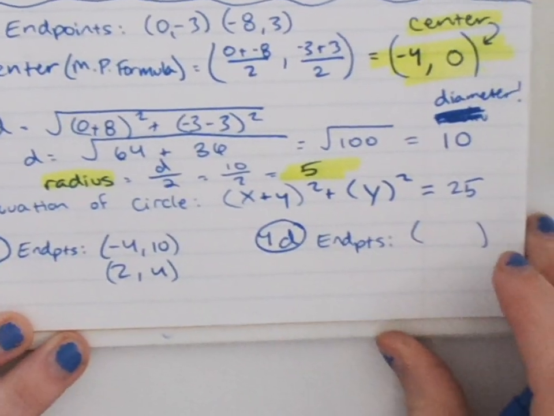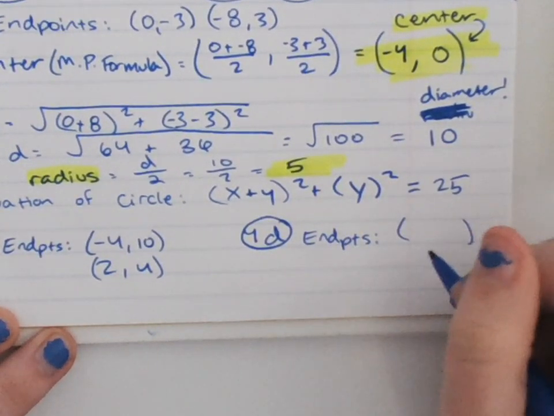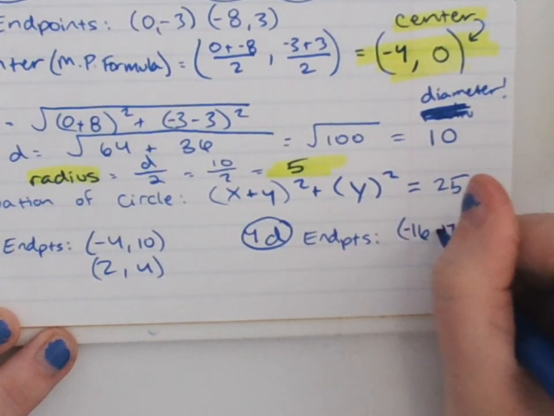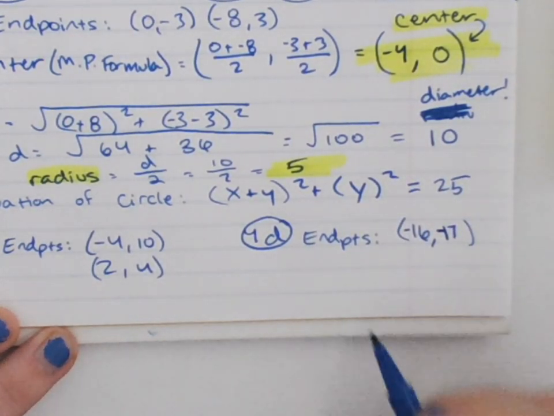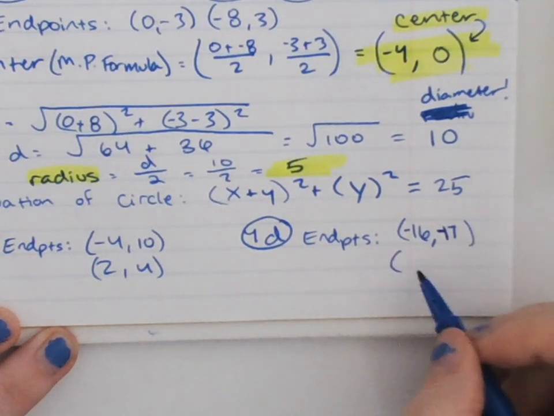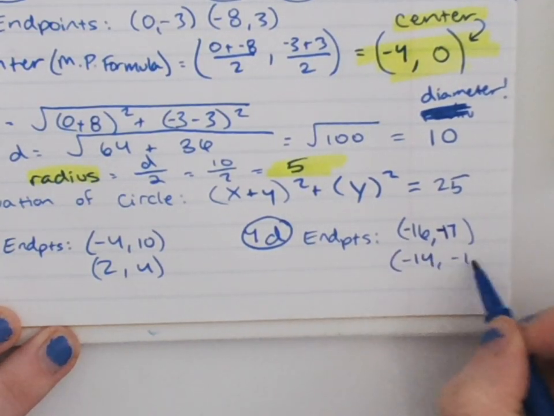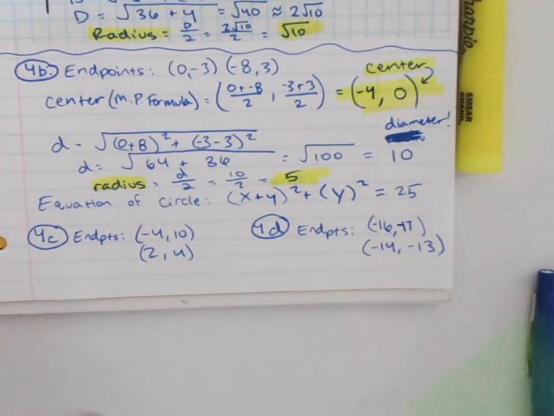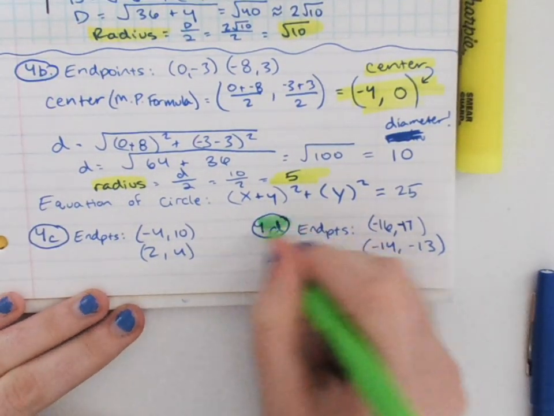And then the other one is negative 16, negative 17, and negative 14, negative 13. So these are the 2 for you to do.